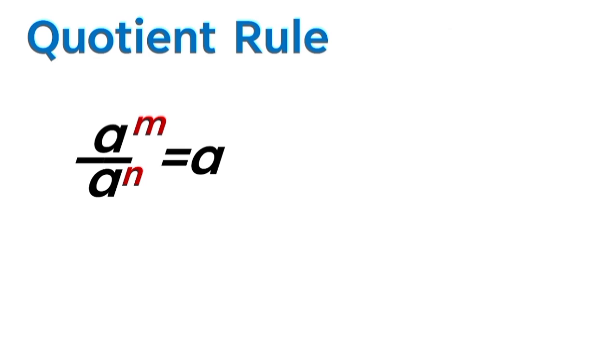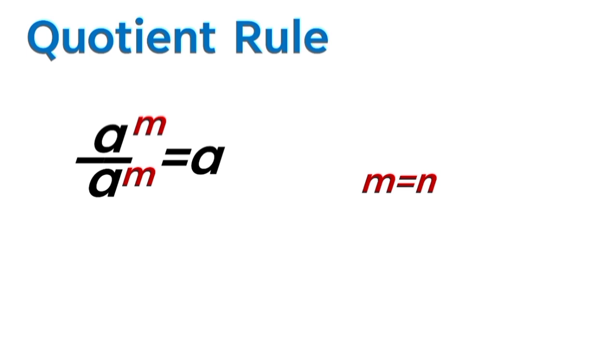So go back to the quotient rule. We have a to the power m divided by a to the power n, and if m is equal to n, then your divisor becomes a to the power m, the same as the dividend.